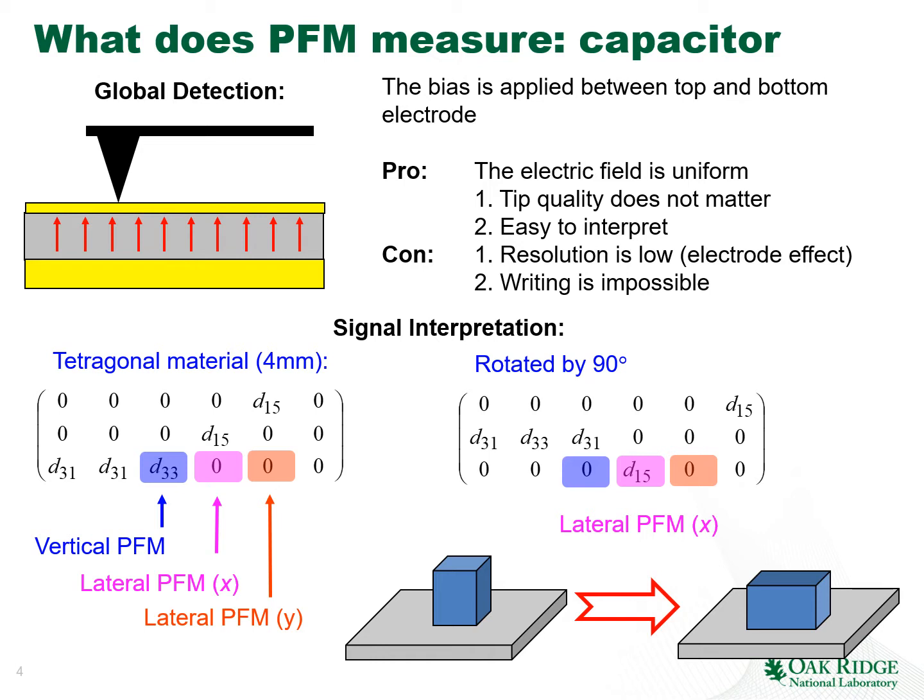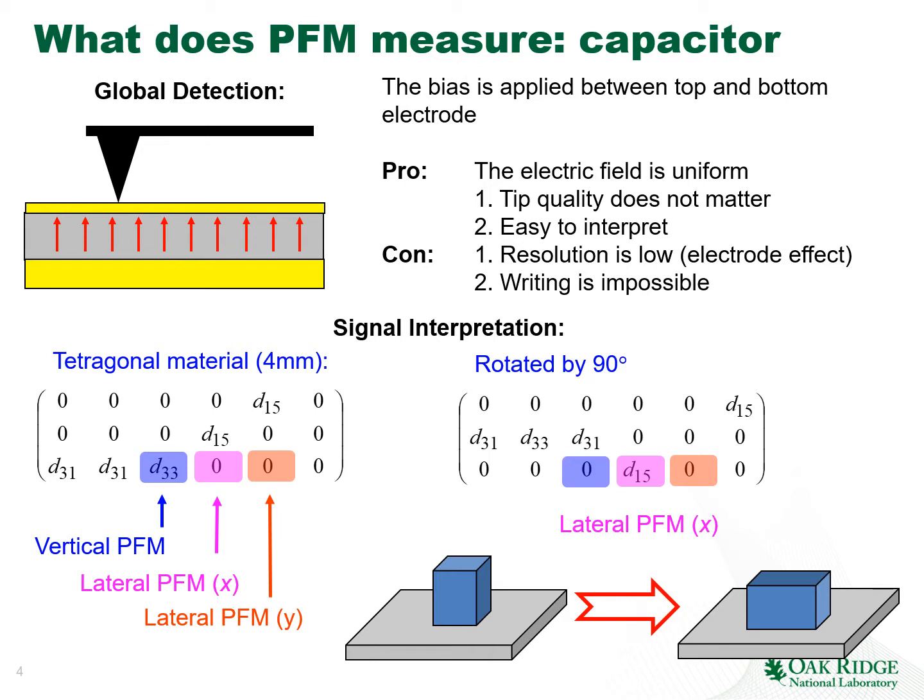There are both pros and cons for this type of measurement. The pro in this case is that the electric field is uniform inside the material, which basically means that the signal is easy to interpret.